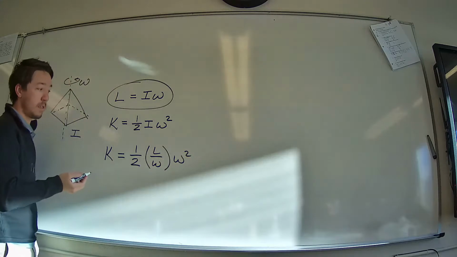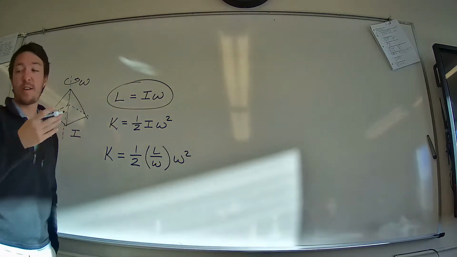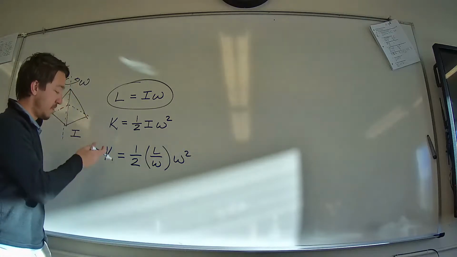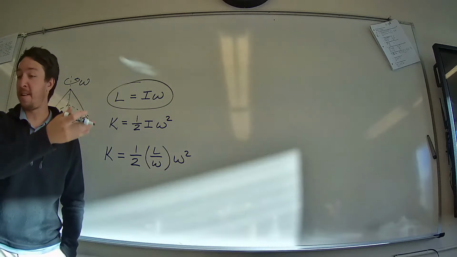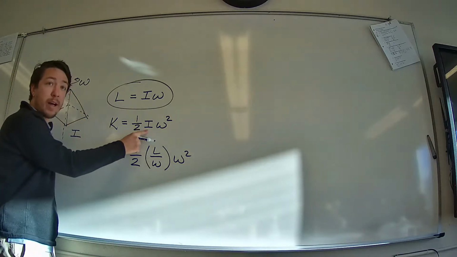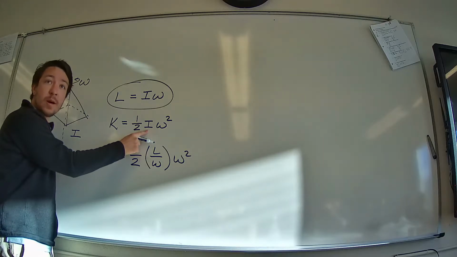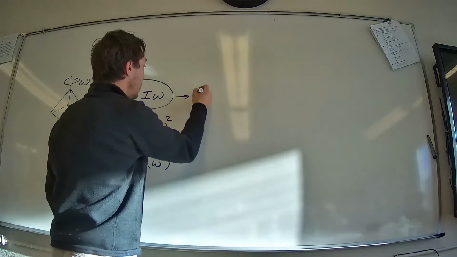Because guys, the question's saying, can you write the kinetic energy in terms of omega and L? So what I would do is I'd say, well, that guy's not an omega or an L, so I'd like him not to be there. So I'd like to replace him. And then you'd look at this top one and say, oh, that's nice.